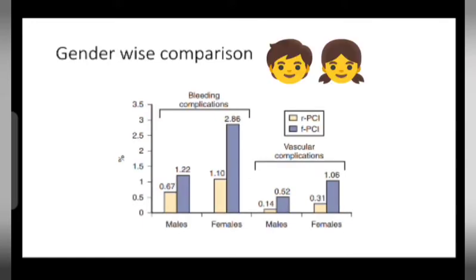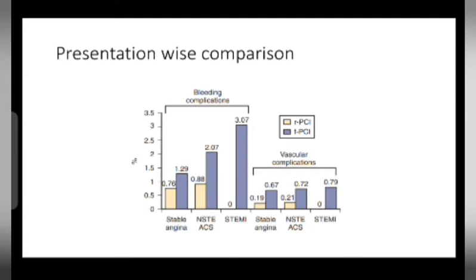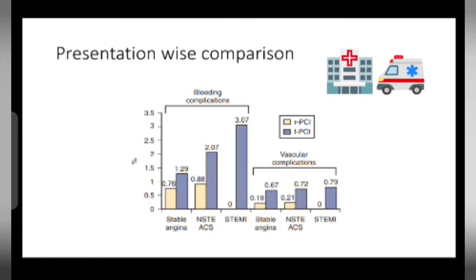Gender-wise comparison, bleeding complications are less with radial PCI as well as vascular complications. And when we compare with the presenting condition, stable angina, non-ST or ST elevation MI, radial PCI is highly safe, especially in ST elevation MI patients with regards to vascular complications.